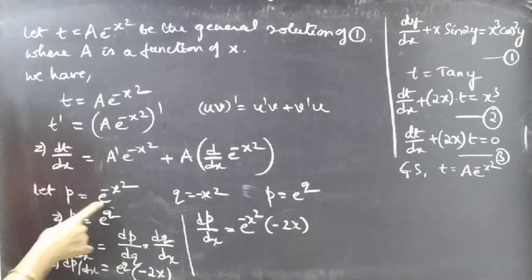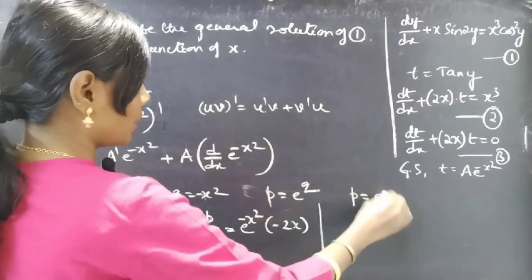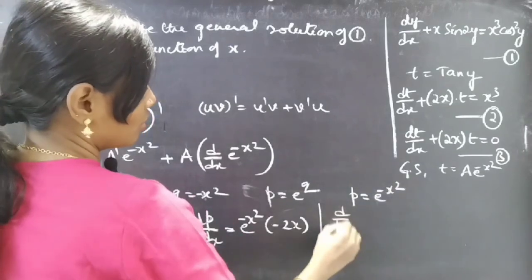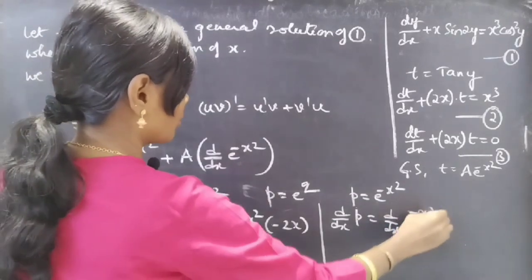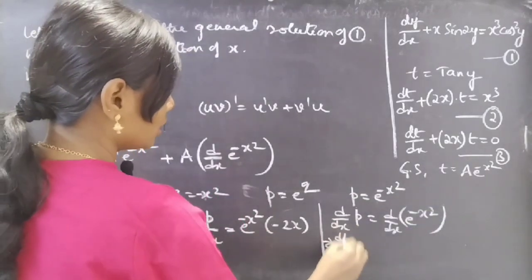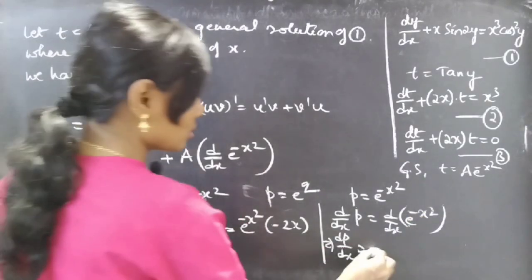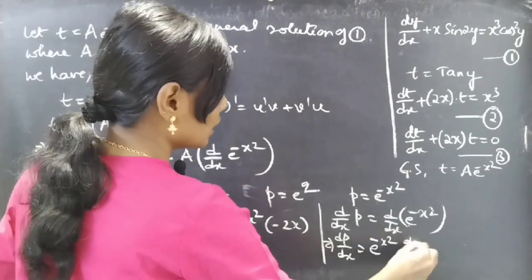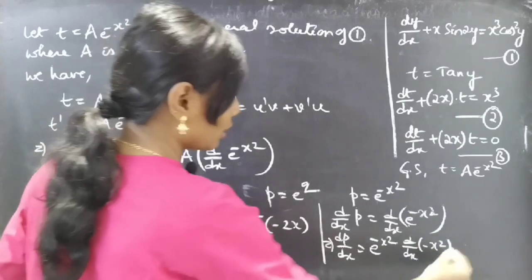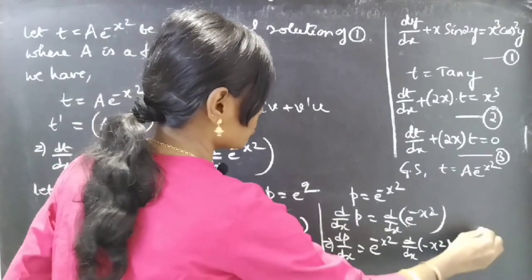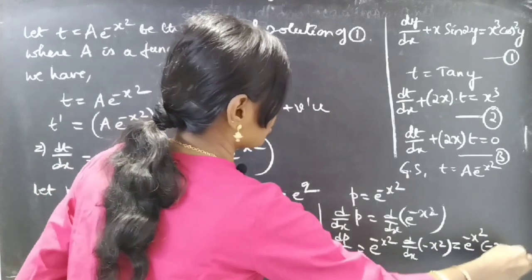Or if p equal to e power minus x square, then differentiate on both sides with respect to x, we'll get dp by dx equals to the derivative of e power minus x square with respect to x, which is e power minus x square into the inner derivative, that is the derivative of minus x square with respect to x, which is minus 2x.